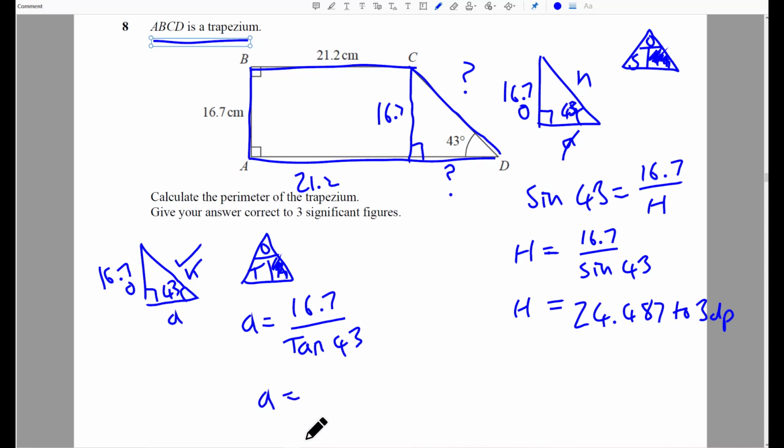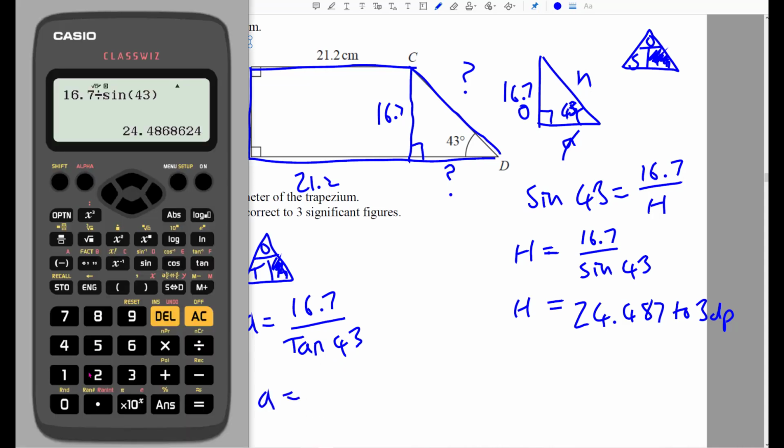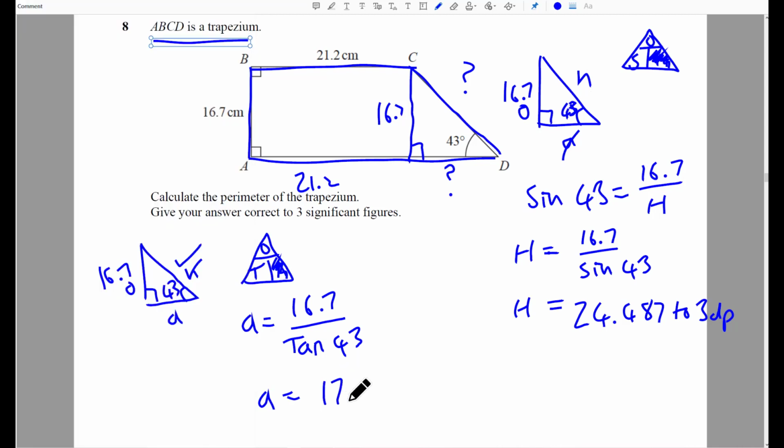So A equals 17.91. That's fine. So we can see we've got 17.91 here, 24.487 there.